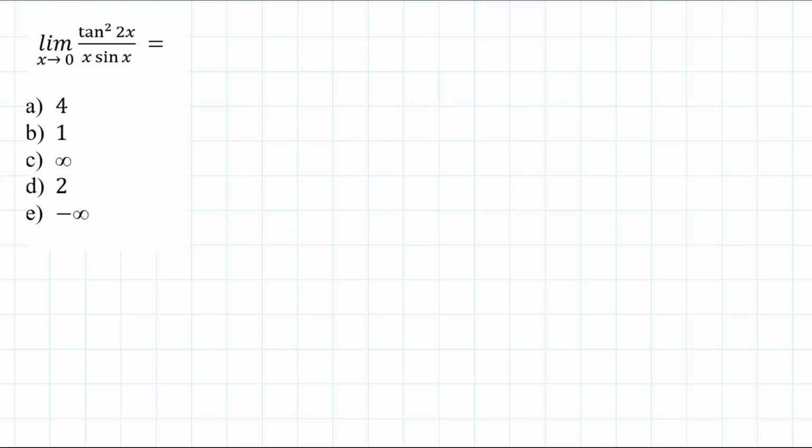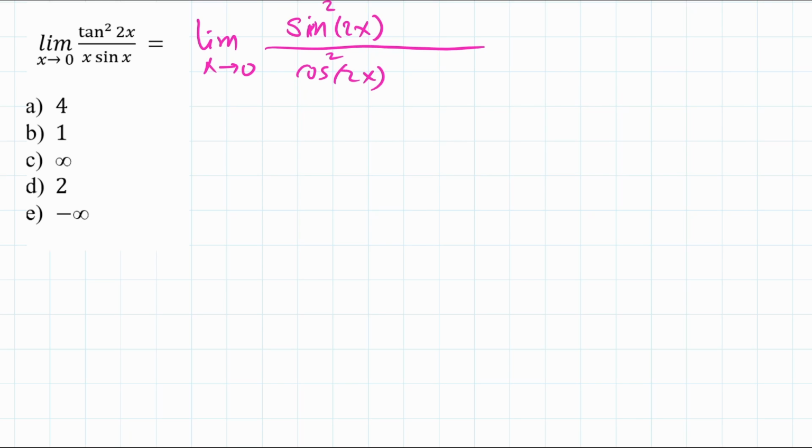Okay, here's a limit that involves trigonometric functions, and what I want to do here is write the tan of 2x as the sine of 2x over cosine 2x to start with. So this is the limit as x goes to 0 of sine 2x, which is the argument. We have a square for the tan, so this is going to be squared divided by cosine of the argument, which is 2x, and we have another square here.